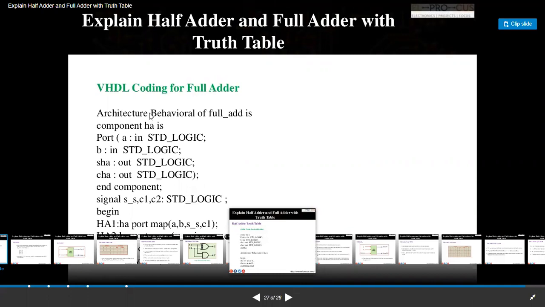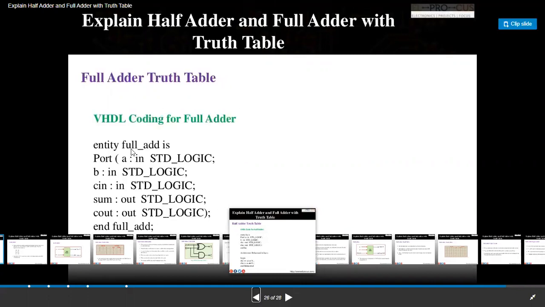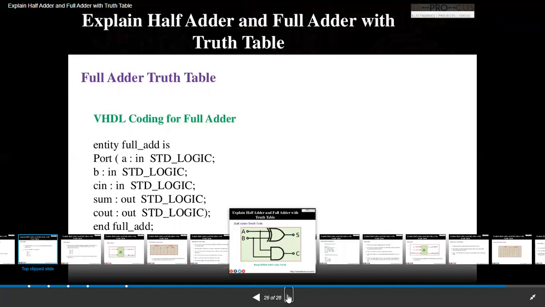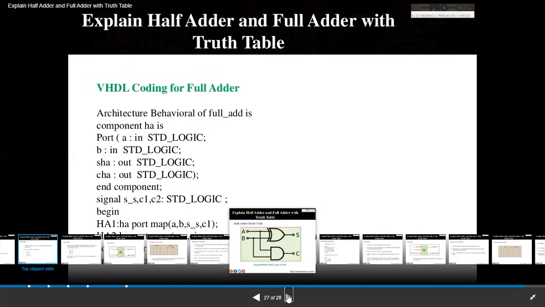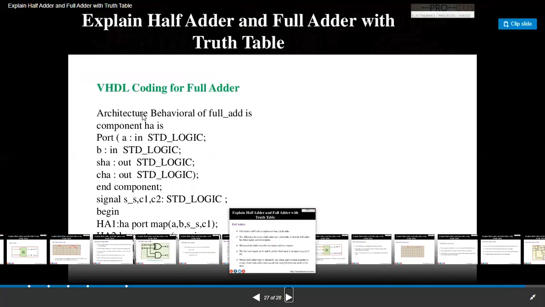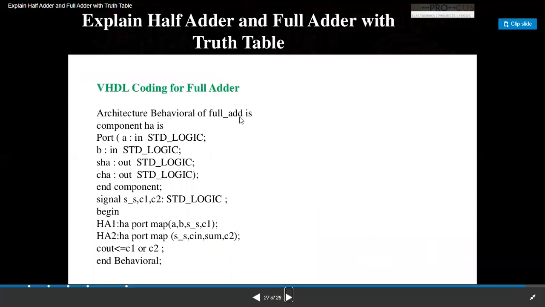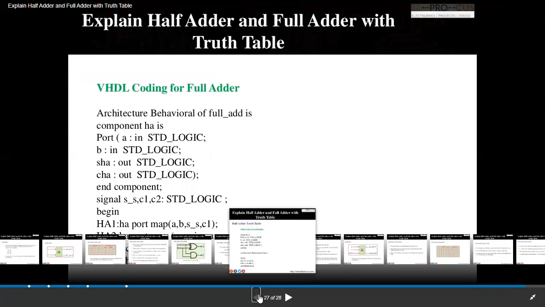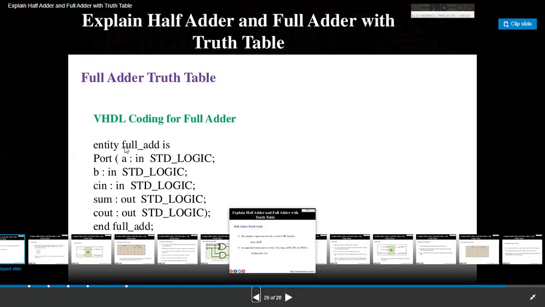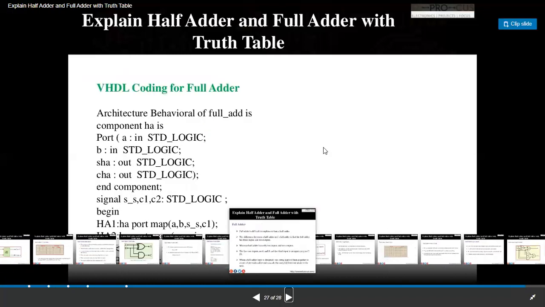Behavioral is the name of this architecture, and full adder is the name of the entity.